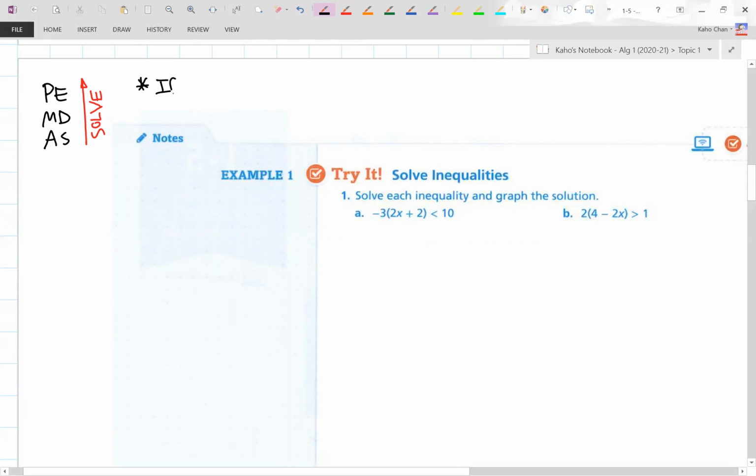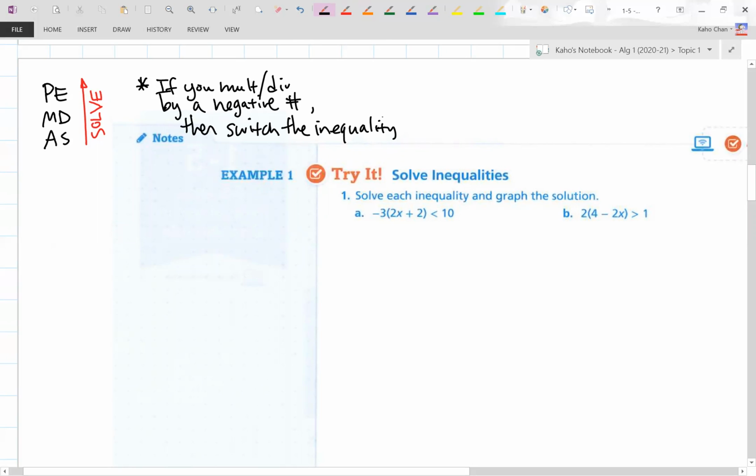If you multiply or divide by a negative number, then switch the inequality. Something to keep in mind.